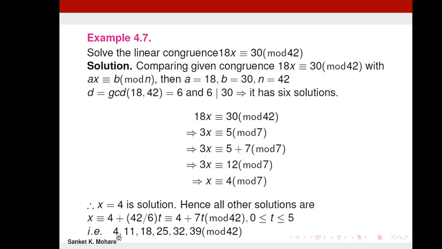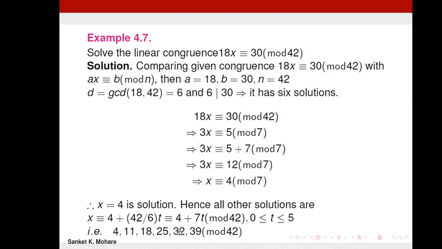Why the word incongruent used? Let's see, suppose if I put t equals 6, then I obtain 7 into 6 is 42, 42 plus 4, 46, and 46 modulo 42 is again 4. So for t equals 6, I get one solution called 46, and 46 is congruent to 4.